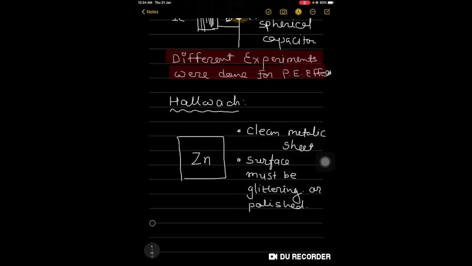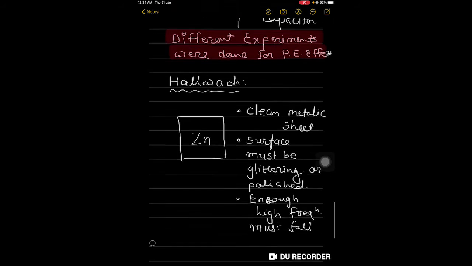Now the third condition is enough high frequency. Enough high frequency must fall on this surface.